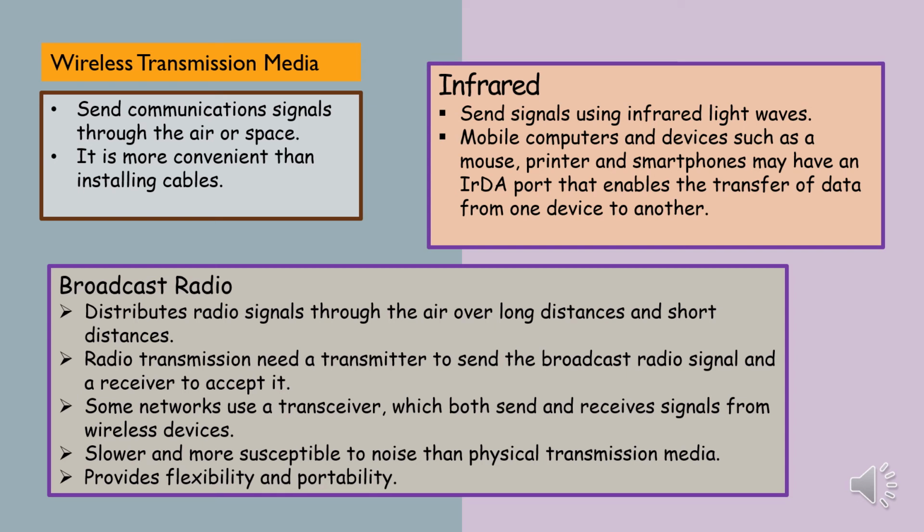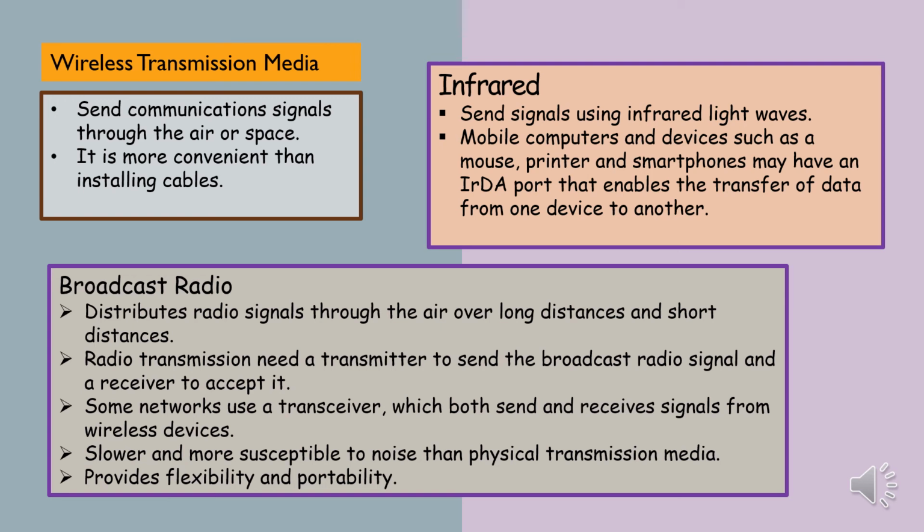Next wireless transmission media is broadcast radio. Broadcast radio is a wireless transmission medium that distributes radio signals through the air over long distance such as between cities, regions, and countries, and short distance such as within an office or home.